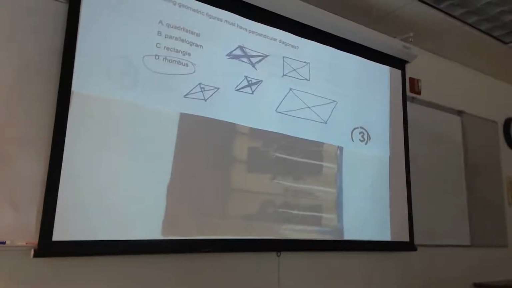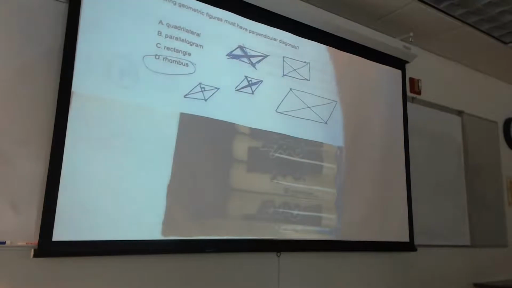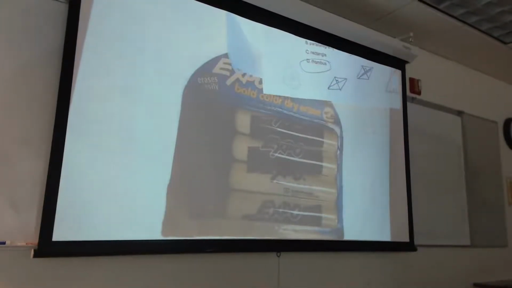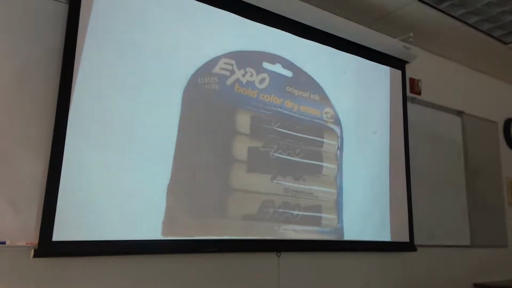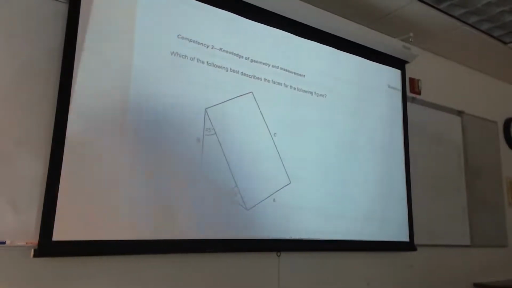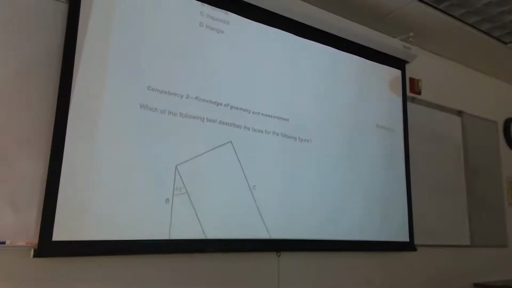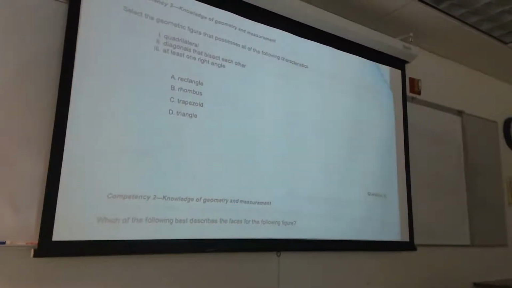So getting down enough to know what those definitions are. Okay? Questions? All right. Sorry, my poor drawing skills. You can get out your ruler and everything.